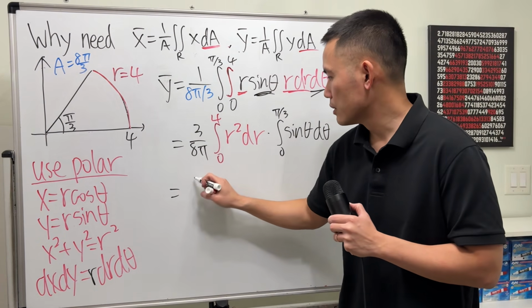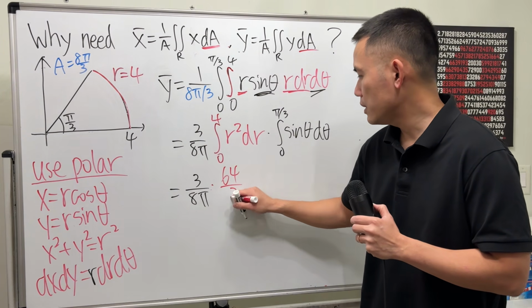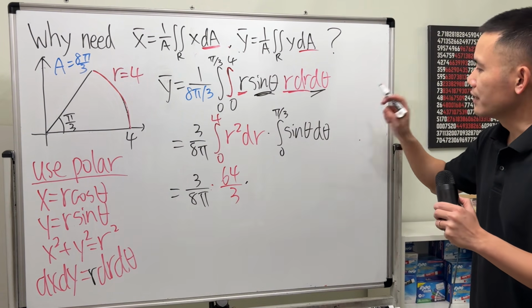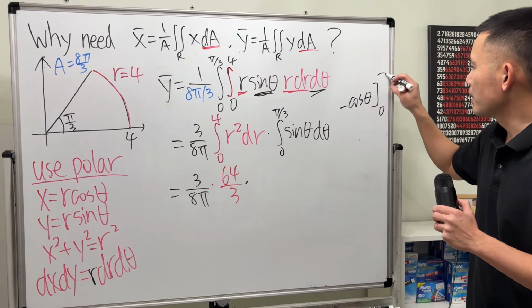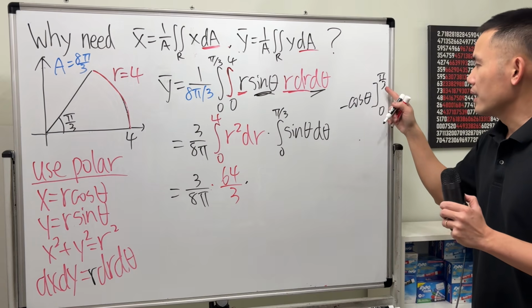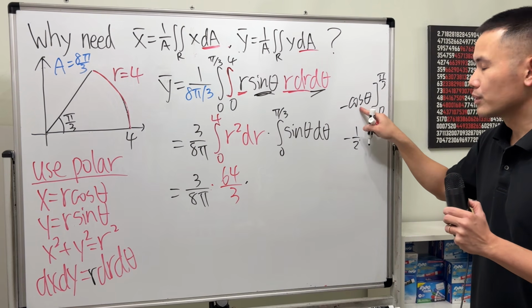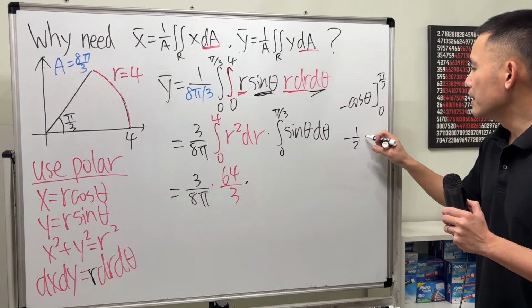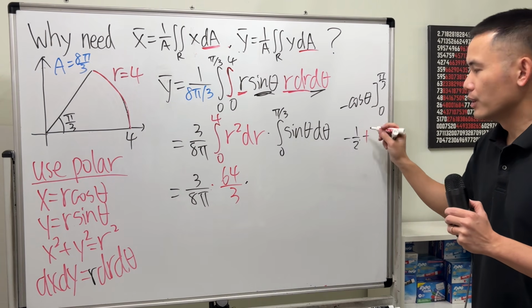Okay, so 3 over 8 pi, 64 over 3. Okay, for this, we get negative cosine theta, and then we go from 0 to pi over 3. Okay, plugging this in, we actually get negative 1/2, right? Cosine of pi over 3 is 1/2. Minus negative, so it becomes plus. Be careful, plugging in 0, we have 1.